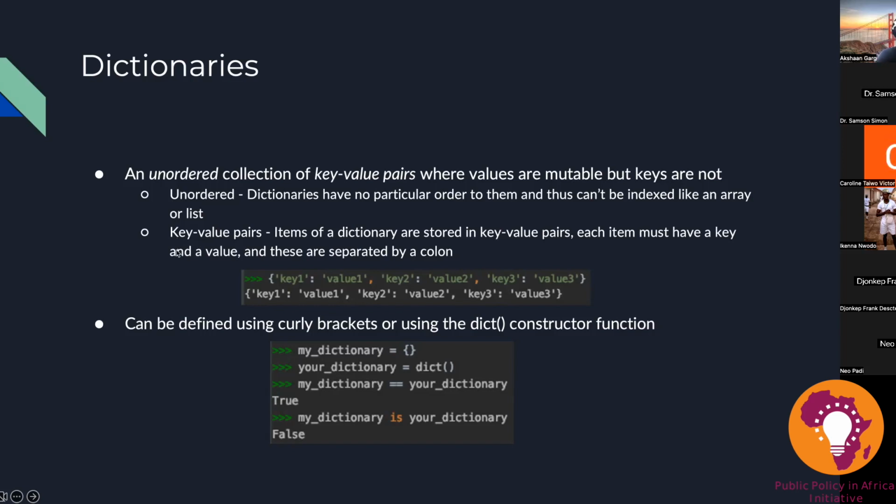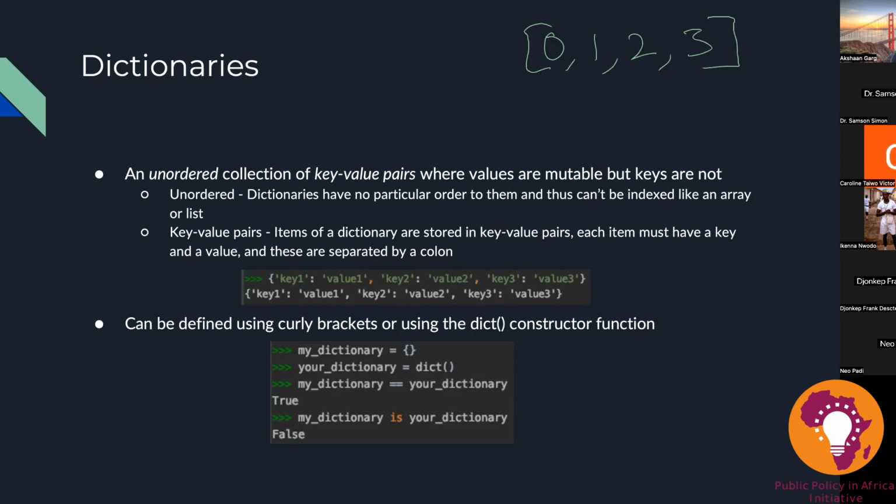So in arrays, the key was basically the index of that number. We did have a key in arrays as well, but they were just the index of the number. So for example, let's say we have an array which looks like this, right?